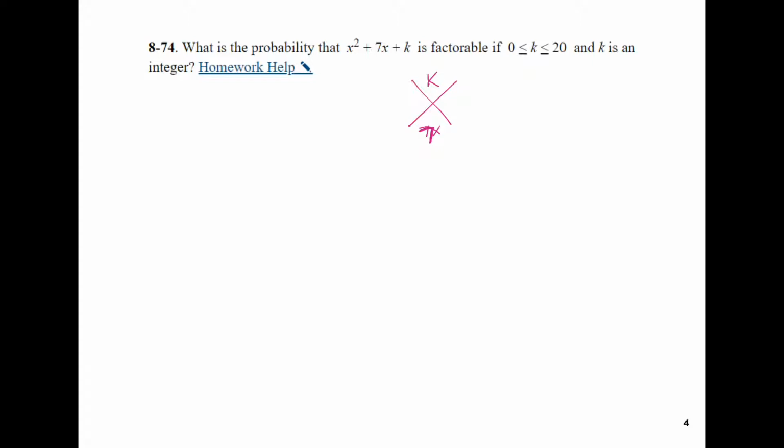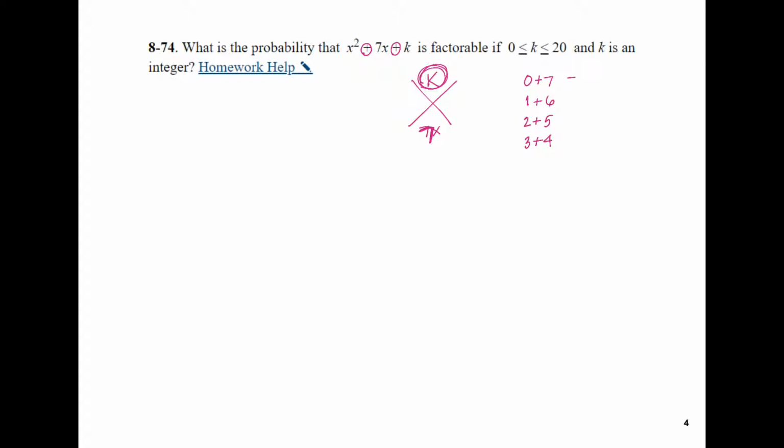the numbers between 0 and 20 that add to equal 7 and that are both positive would be 0 plus 7, 1 plus 6, 2 plus 5, and 3 plus 4. So in order to get k, these two numbers must multiply together.